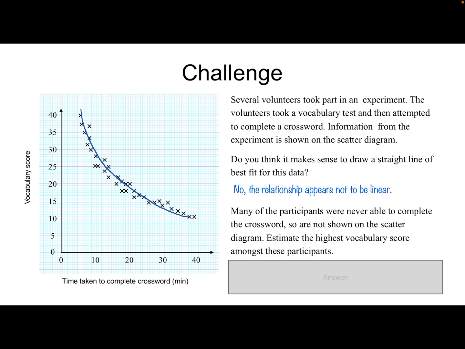Many of the participants were never able to complete the crossword, so are not shown on the scatter diagram. Estimate the highest vocabulary score amongst these participants. Well, I don't really know what it means there.